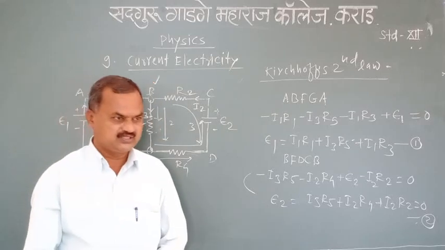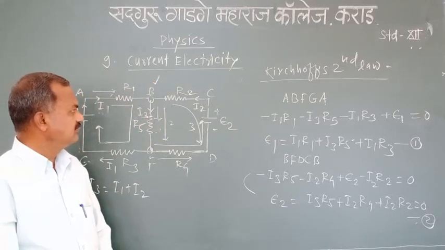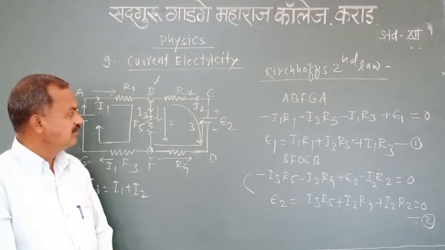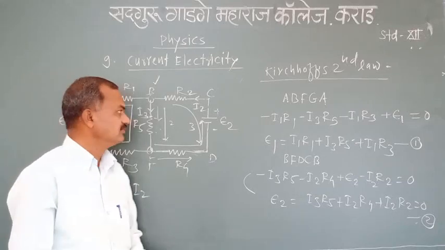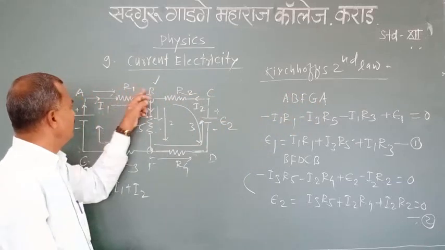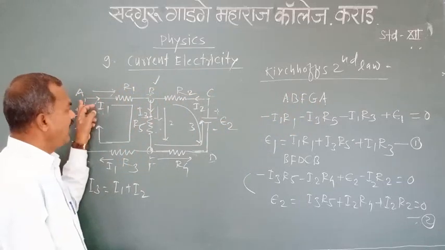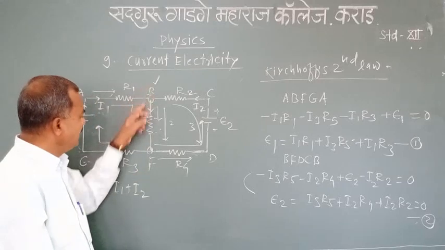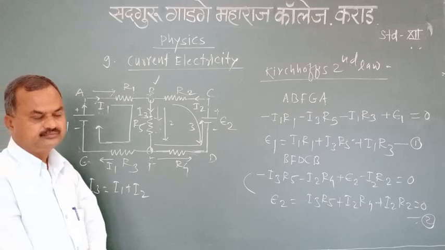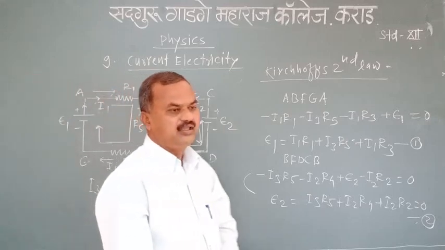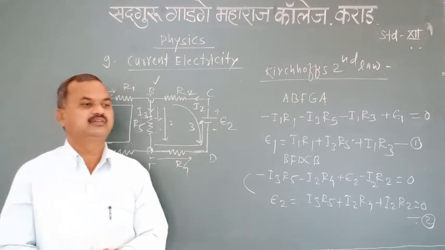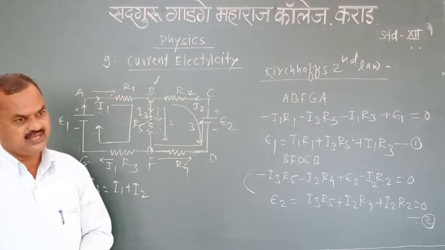These are the two equations obtained by applying Kirchhoff's second law for the respective loops: loop A, B, F, G, A, and the second loop B, F, D, C, B. From this, we conclude that Kirchhoff's second law, that is the voltage law, is analogous with the law of conservation of energy.